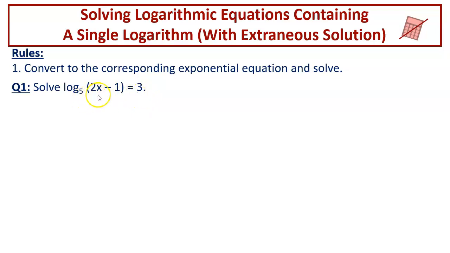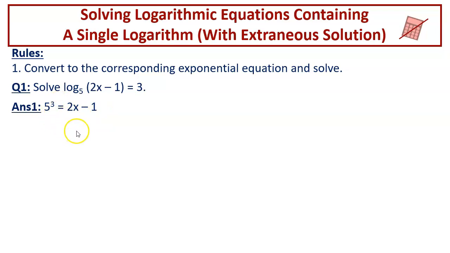So when this is BPA... when this is BAP, and when we change it to its corresponding exponential equation, it will be BPA. B stands for the base, P becomes the power, and A, the argument, becomes the answer. So it will be 5 raised to the power of 3 equal to 2x minus 1. And we have to find the value of x.